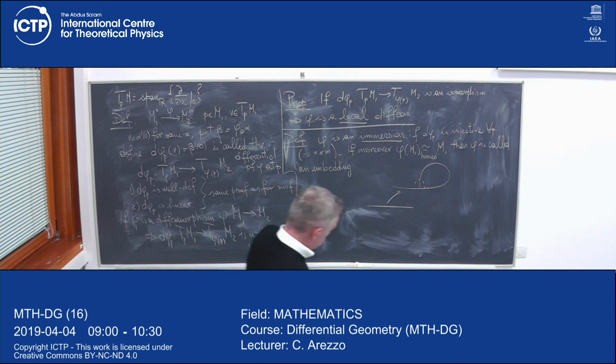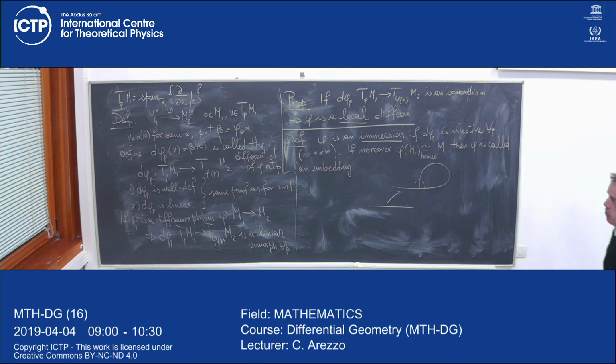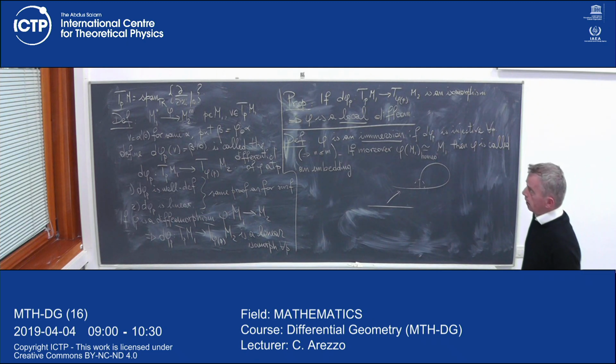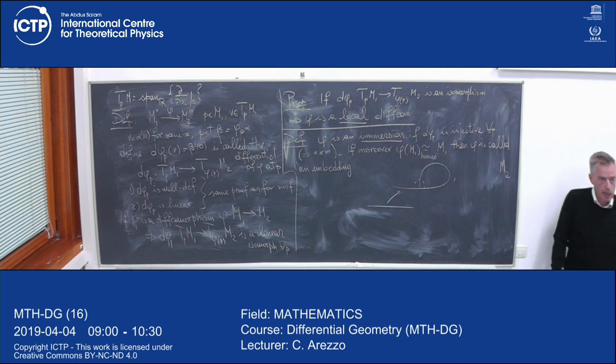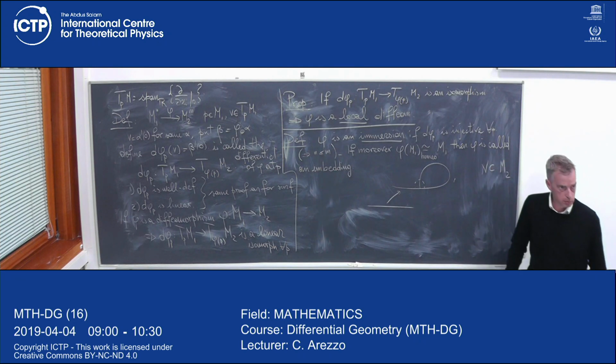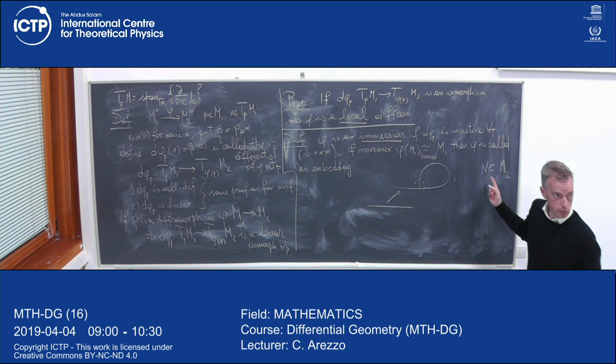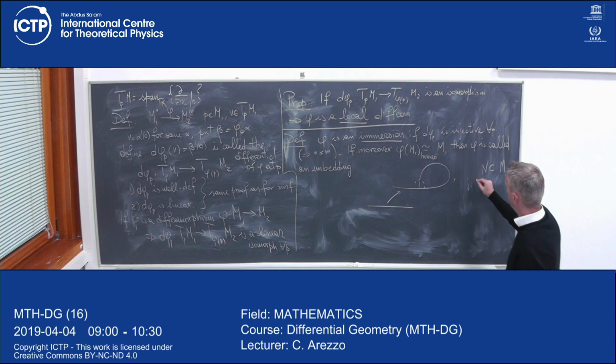Okay, and just to finish with the language: if you have an ambient manifold, let me call it M2, and now I take a subset, N, I can think of this situation as a map, because there is the inclusion. I think of the inclusion map from N to M2.